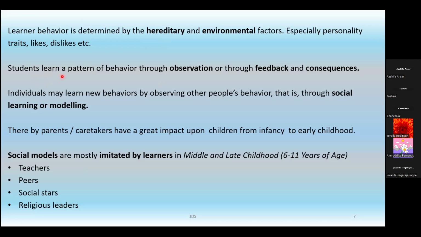Students learn a pattern of behavior through observation or through feedback and consequences. We are talking about the characteristics of learner behavior. Therefore, learner behavior has several characteristics. One is that it's partially determined by the hereditary and environment.